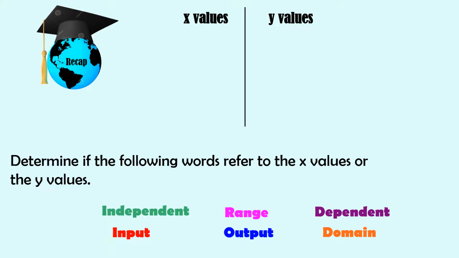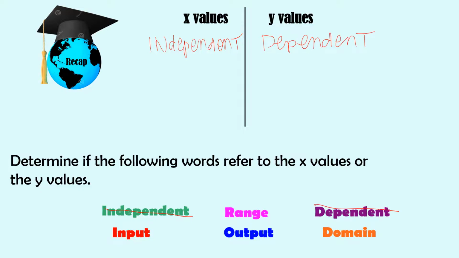Determine whether the following words refer to x values or y values. Okay, your x values are independent. Alright. So therefore, if independent is x, your dependent is y. Okay?